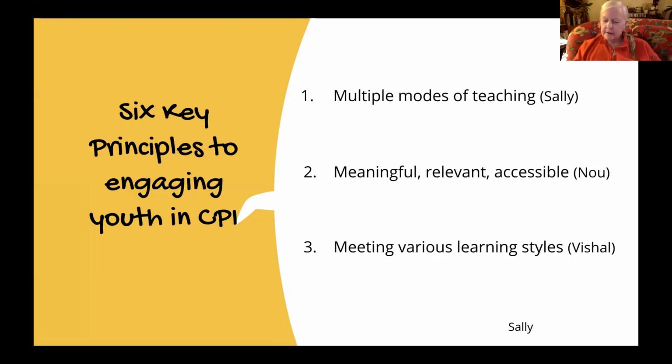We have used pictures a lot, shown videos or movie clips that highlight some aspects of evaluation, and try to really think about the flow of every session that we do to have different ways of engaging the young people in the activities that we do. And Newt, you can take the next principle.